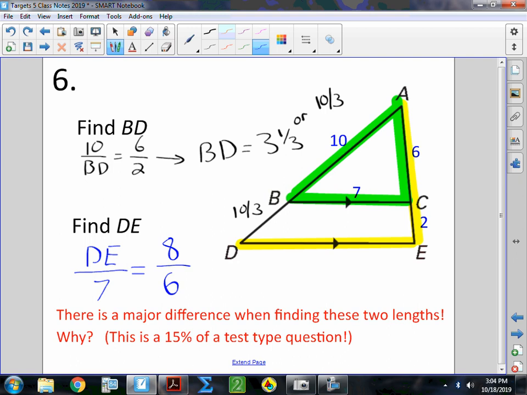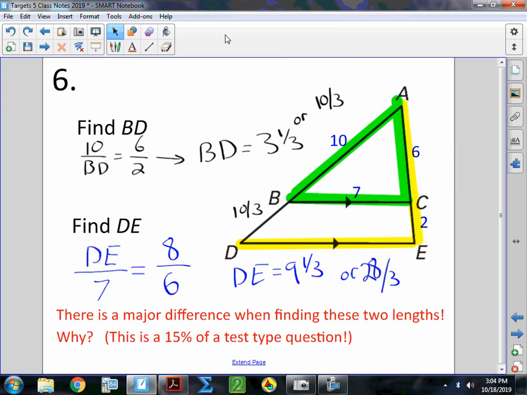Cross multiplying tells me that 56 is going to equal 6 times DE. So 56 divided by 6 is 9 1/3, or 28/3, or 9.3 repeating.